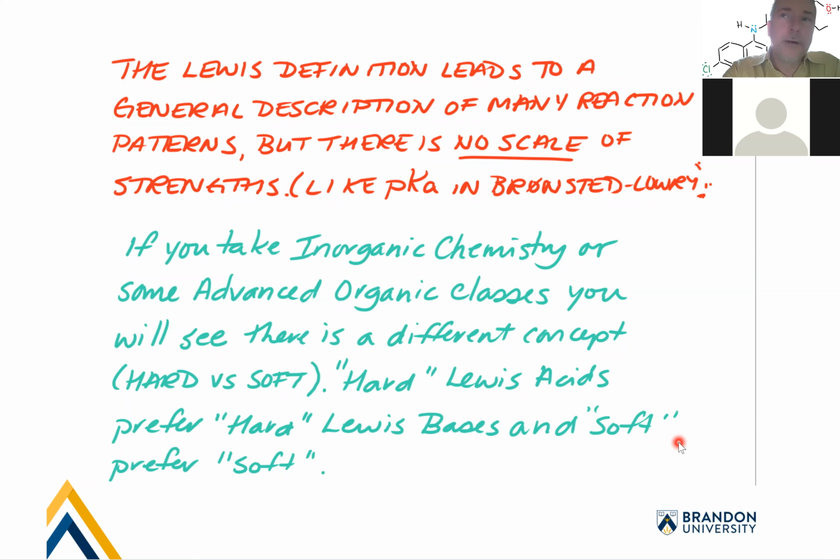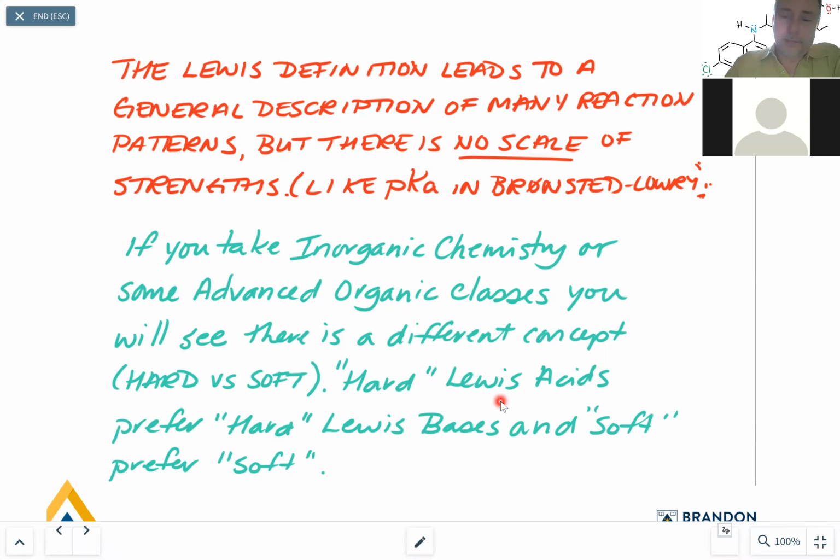What's going on there is that iron is a hard Lewis acid, and the oxygen would be a hard Lewis base, and they're preferentially complexing with one another, whereas gold is soft and the sulfides are soft. So it naturally forms these complexes, and that's how those ores develop. But that's basically outside the realm of our class. Just a tidbit of information.